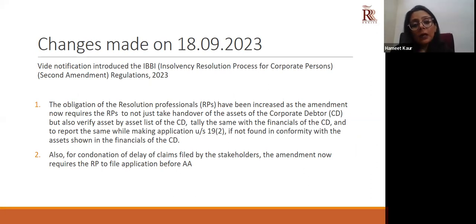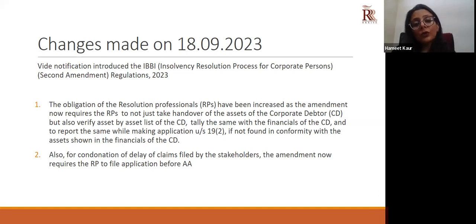So the amendment now requires the RPs to not just take handover of the assets of CD, but also verify the asset by asset list of the CD, tally the same with the financials of the CD, and to report the same while making application under Section 19 subsection 2, if not found in conformity with the assets shown in the financials in the books.